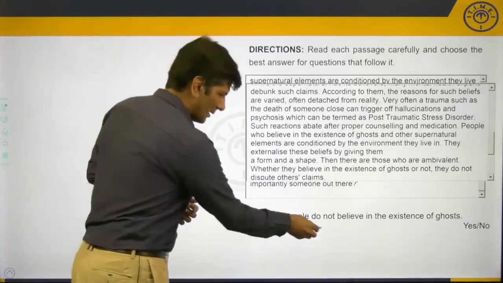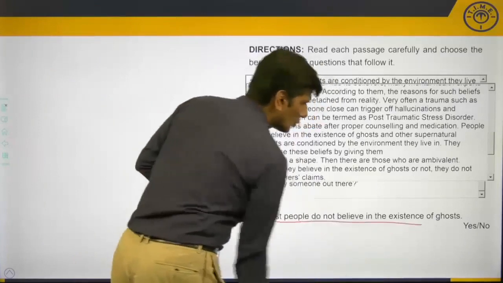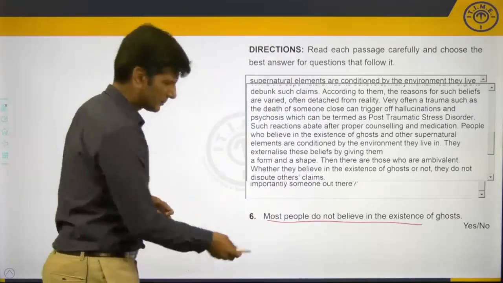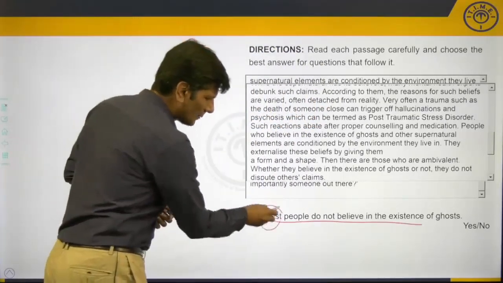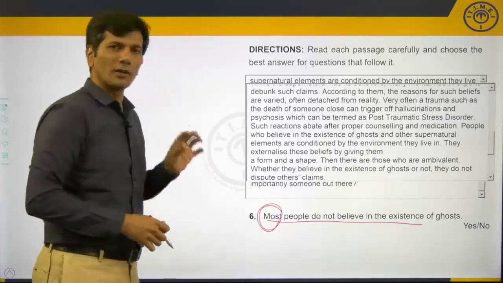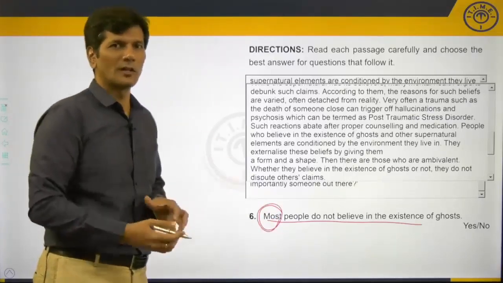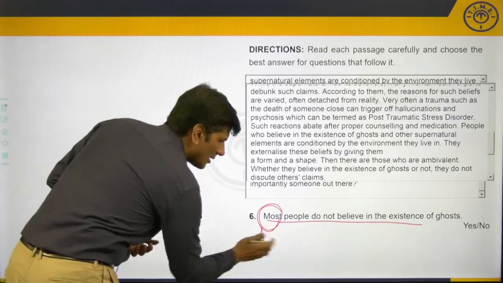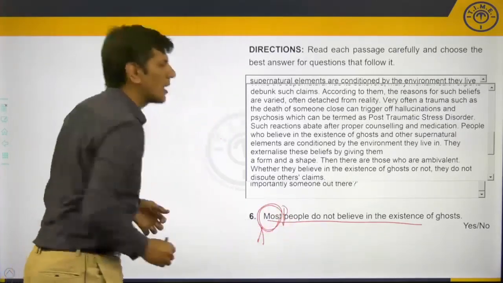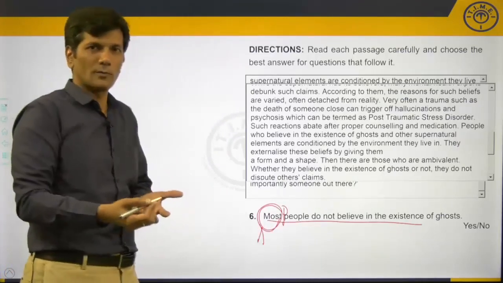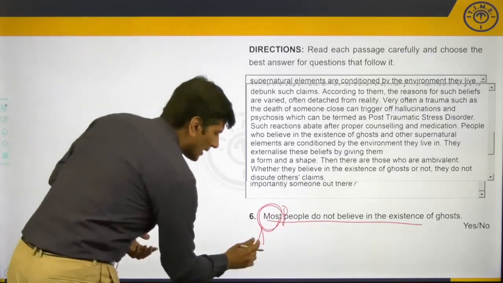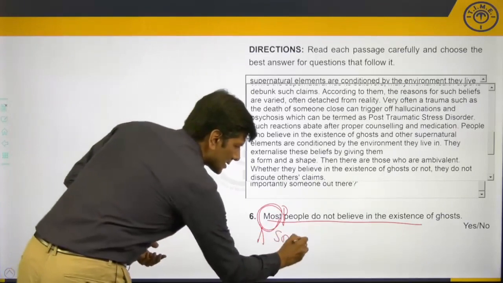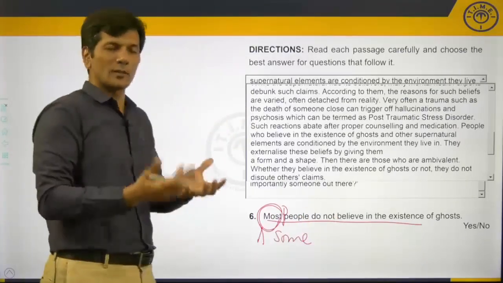Now look at this sentence, most people do not believe in the existence of ghosts. What is this word most doing in this particular sentence or the question? What difference would it make had it been people do not believe in the existence of ghosts?